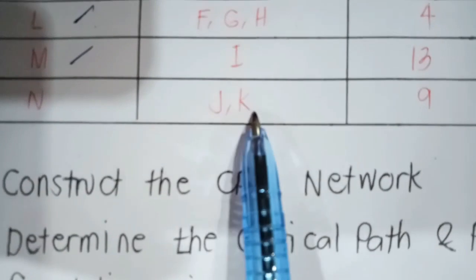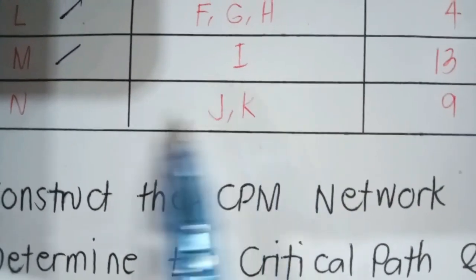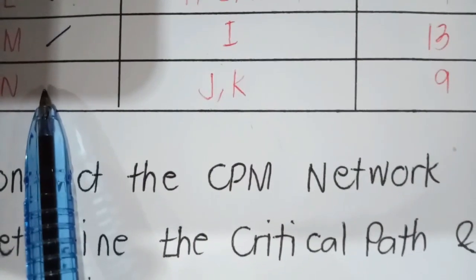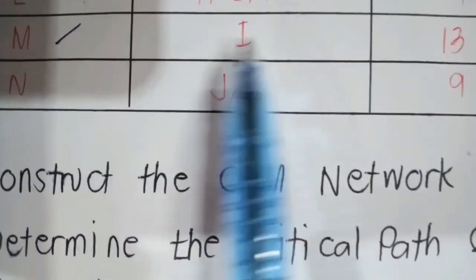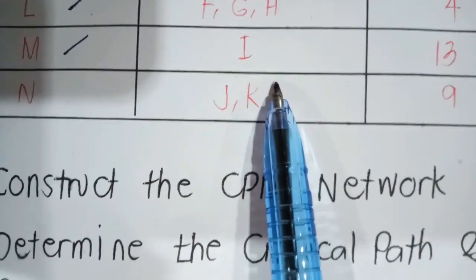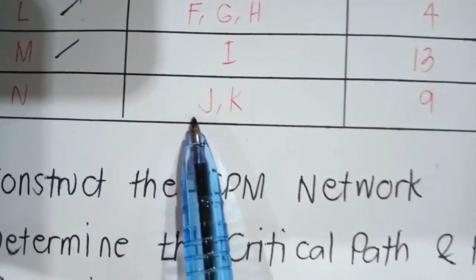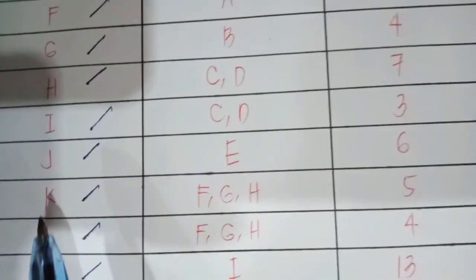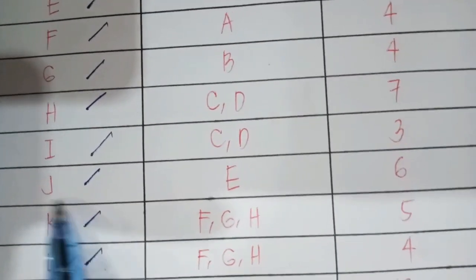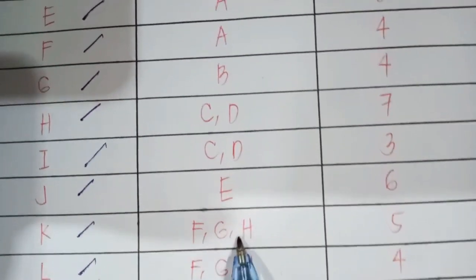Our activity K is an immediate predecessor of activity N, and clearly it is not an independent activity because K ends with another activity, which is activity J. And take note as well that your K starts where F, G, and H end.